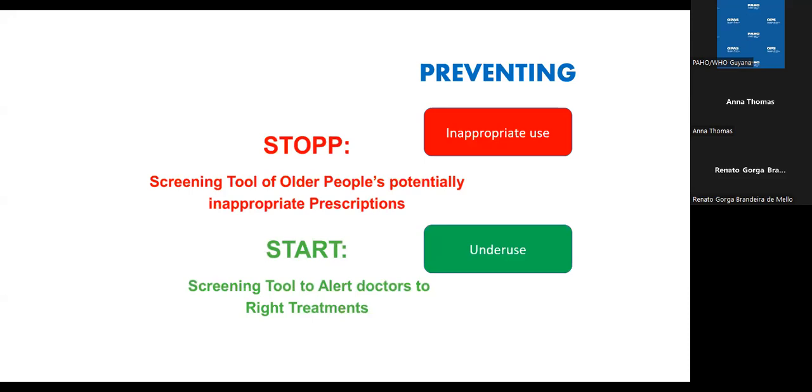Less is only better when more is not good. Sometimes more is good. But when we're looking at a prescription for an older adult, we have to consider both scenarios: when less is better and when more is better.